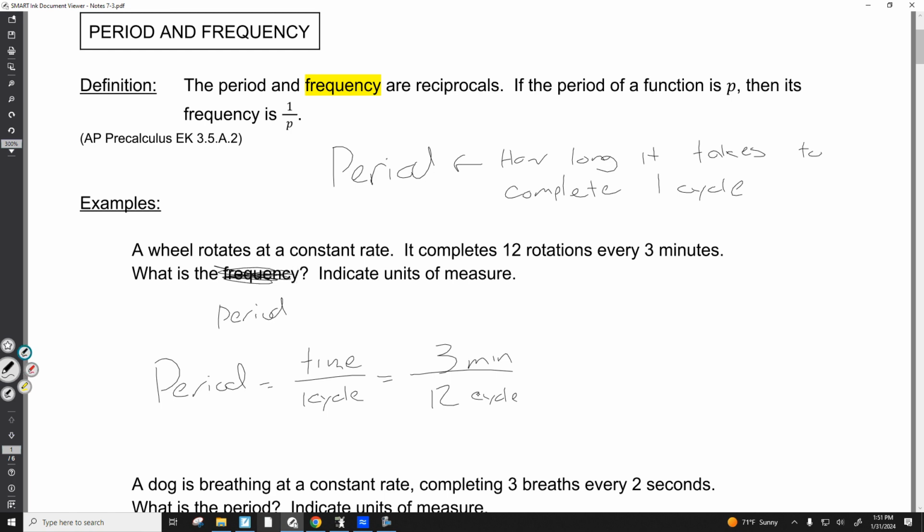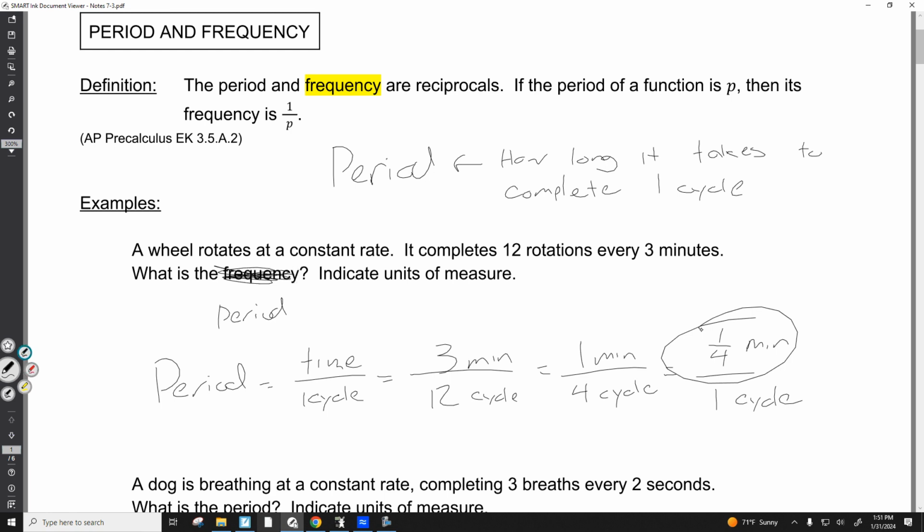You could simplify that to be 1 minute to complete 4 cycles. Or like we did back in Unit 1 with rates of change, you could turn this into a minute per 1 cycle. 1 divided by 4 is the same as 1/4 divided by 1. It takes 1/4 of a minute to complete 1 cycle. The period is this 1/4.